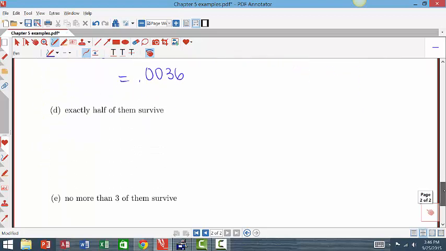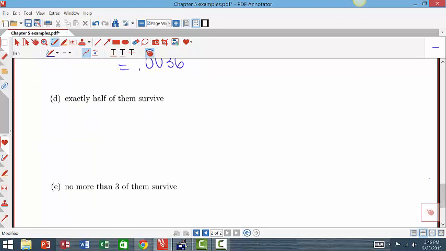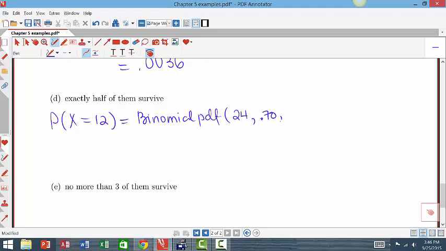Okay, let's do this one. Exactly half. Well, this one is easy. This is probability X is exactly half, which is 12. Again, whenever you have equality here, not inequality, then we use binomial PDF. 24 plants, probability of 1 success is 0.7, and we're interested in 12 successes.